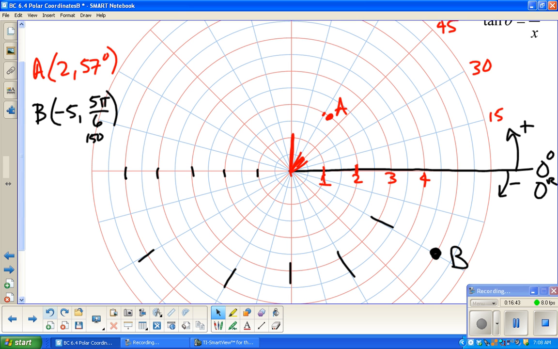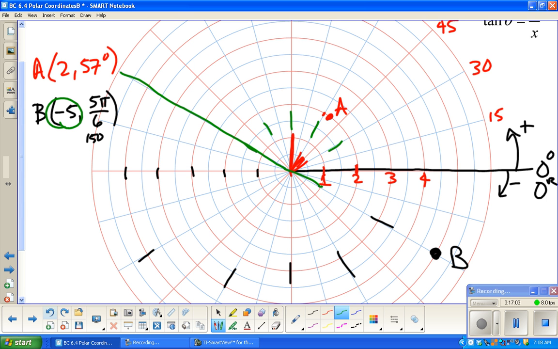Now, what some people do instead is they'll measure the angle first. So for instance, I could do the 5 pi over 6, the 150, and go 30, 60, 90, 120, 150. So I'm on this line, and my distance is going to be negative, so I have to go backwards 1, 2, 3, 4, 5. Still get to the same spot.